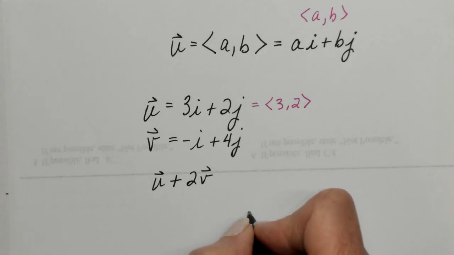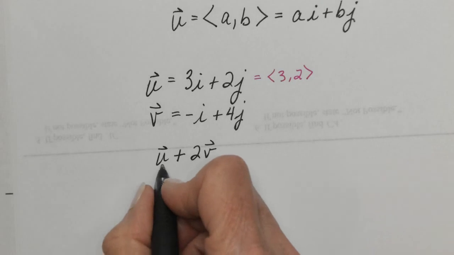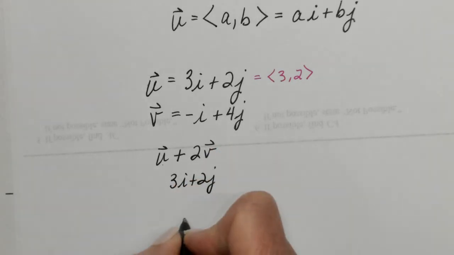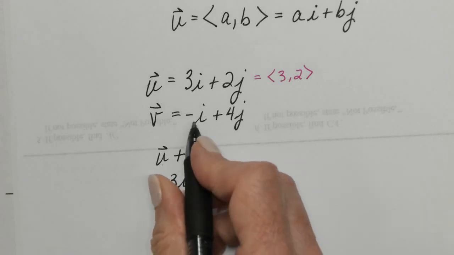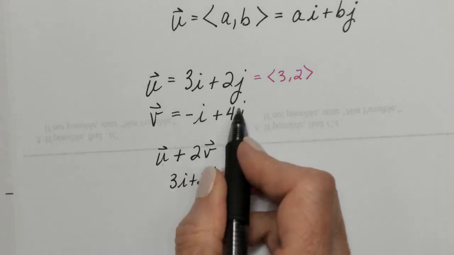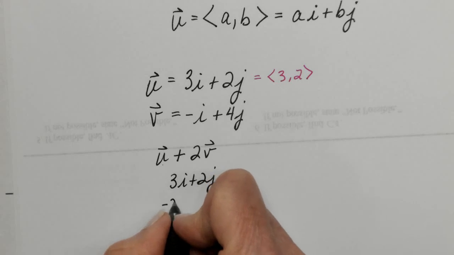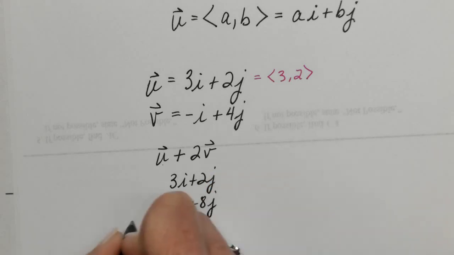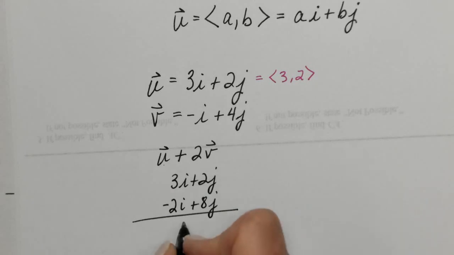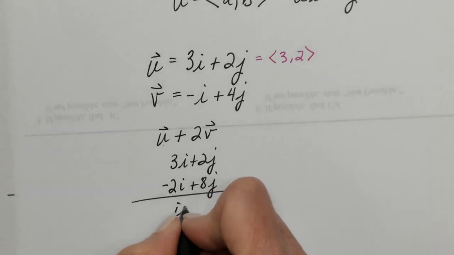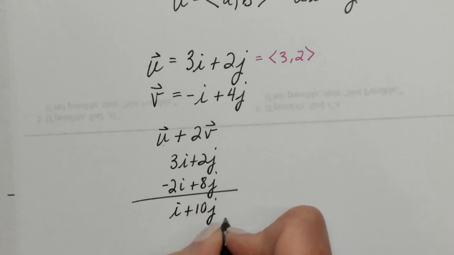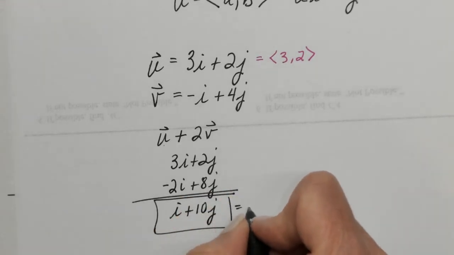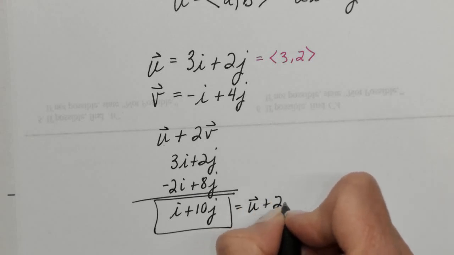Let's do that. So u is 3i plus 2j, right? 2v would be 2 times each of these, so 2v would be negative 2i plus 8j, and we add those together, and that would be i plus 10j. So that is u plus 2v.